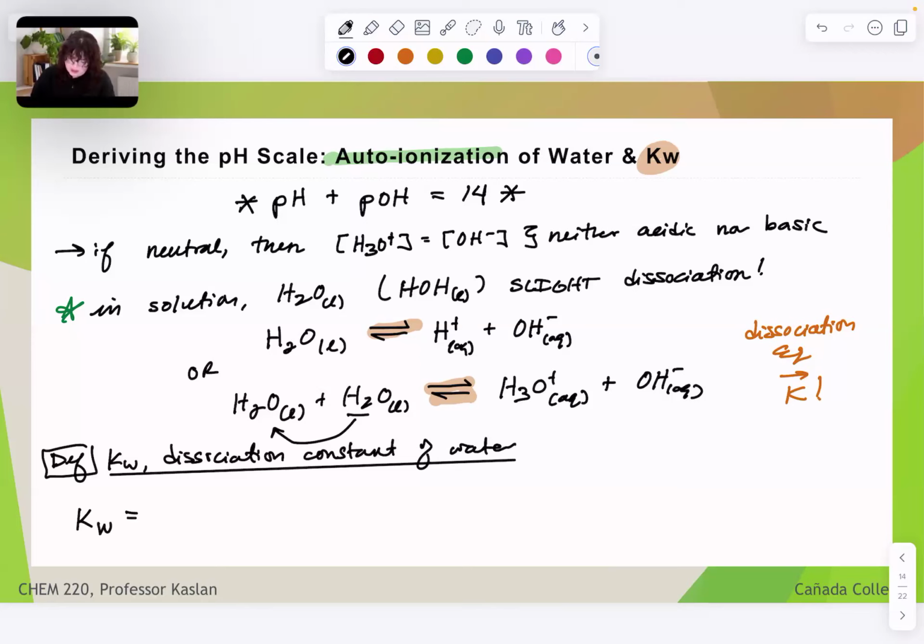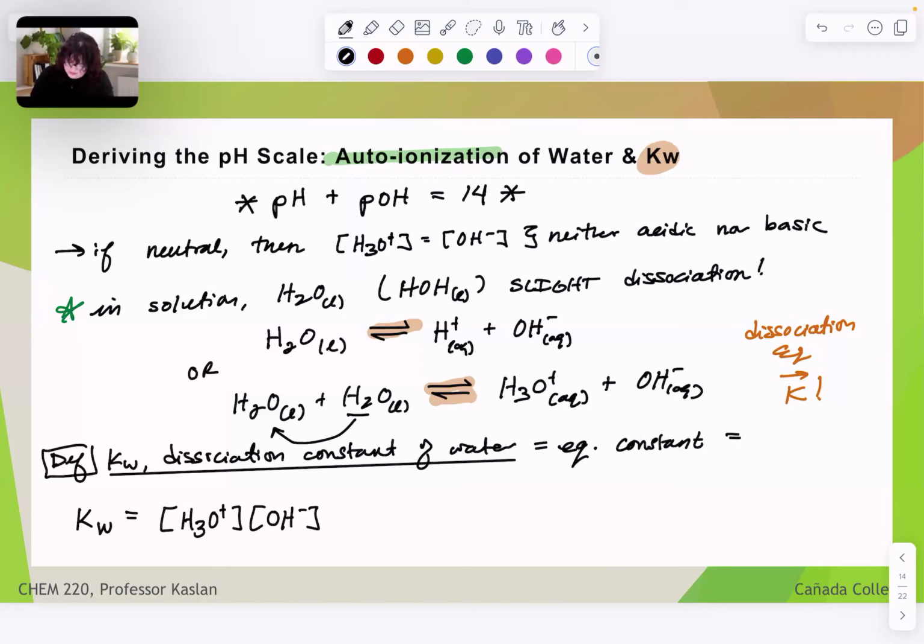That would be the concentration of our dissociation products over the concentration of our reactants. However, here the reactant in question is just liquid water. So Kw is going to be a product of acid and base particle concentrations in solution. So this is the equilibrium constant for the dissociation of water.